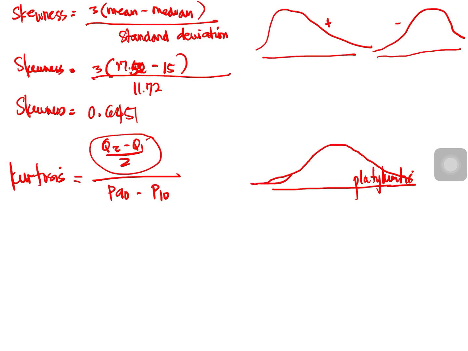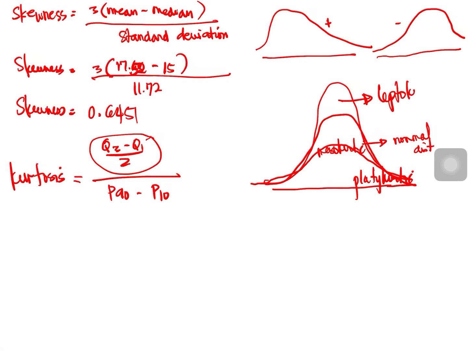We can also have this distribution, the normal distribution, that is mesokurtic, and this one is leptokurtic, or the positive kurtosis. By the way, we are going to discuss this later on in normal distribution. Kurtosis should be 0 to claim that the data is normal.